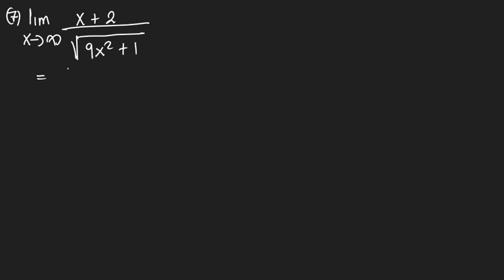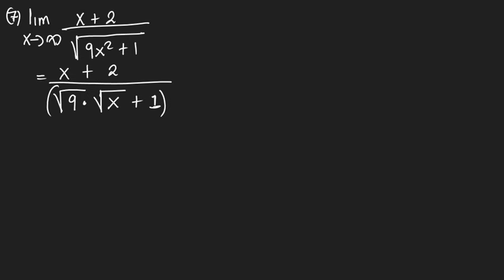All you have to do is simply to repeat first of what is on top. So you're going to have your x plus 2 all over by, then because 9 and x to the power 2 are multiplying, this is going to be the same as square root of 9 multiplied by square root of x, then all over by 1, like that.